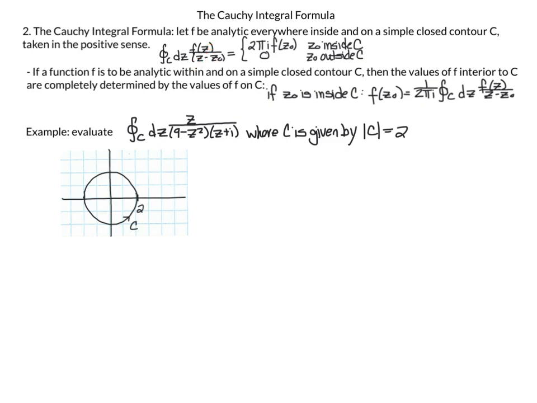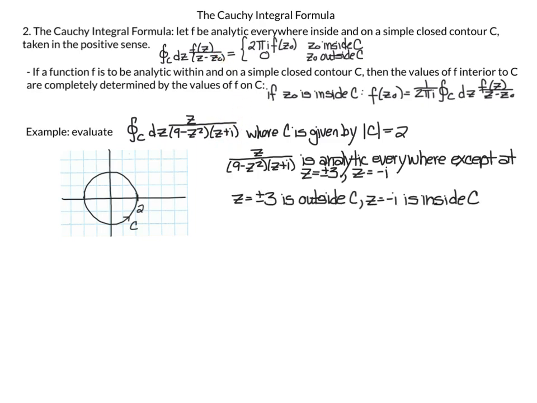So you want z minus z naught on the bottom, and so you need to manipulate this algebraically till you're left with only z minus z naught on the bottom. Here you have a 9 minus z squared. You don't want that on the bottom because that looks nothing like z minus z naught. There's a squared term. This looks almost like z minus z naught, so we're going to work with this to be our denominator.